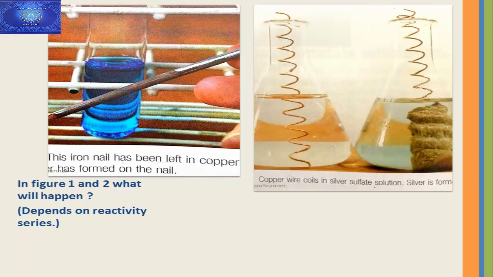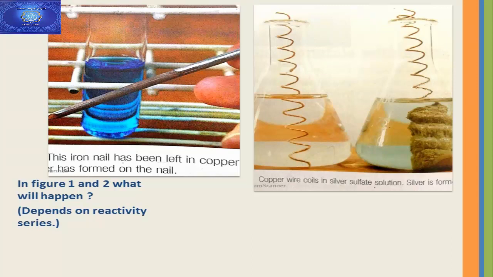Copper sulfate, okay, and this nail is iron. So in the reactivity series you have to check which one comes up and which one comes down. So from the copper sulfate, copper goes to iron's place and iron goes from the nail to the copper sulfate solution. Okay, so the copper and iron displaced each other.